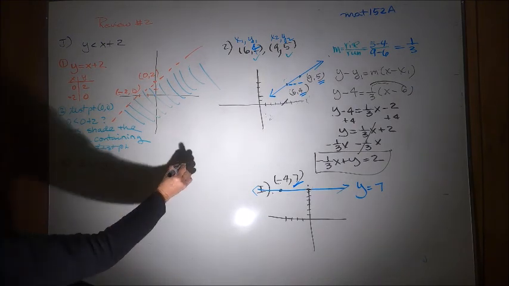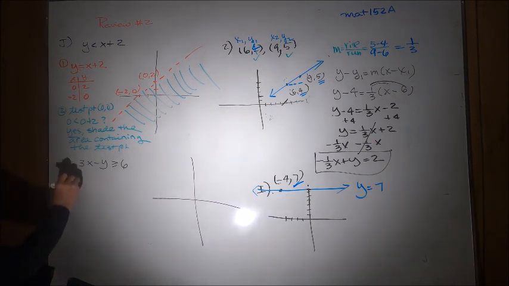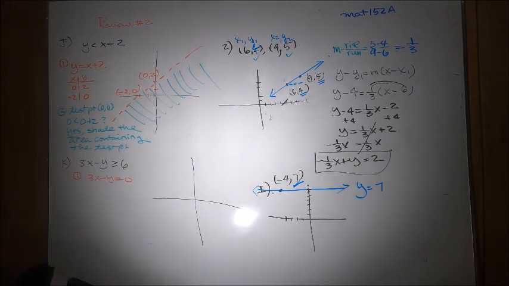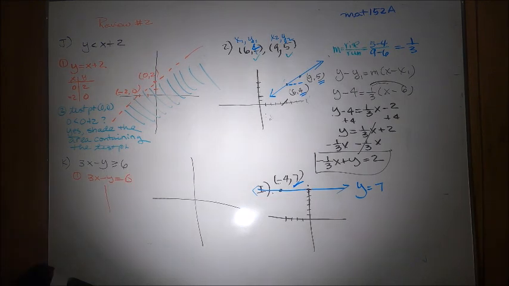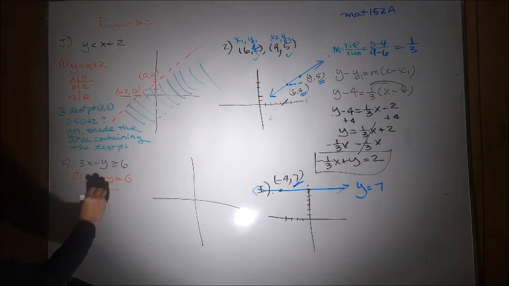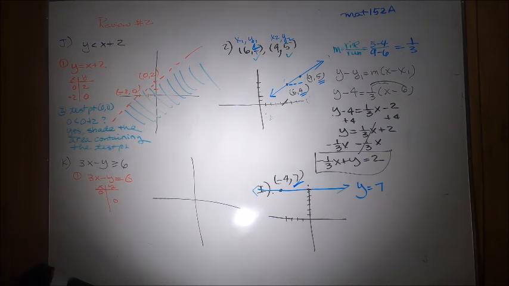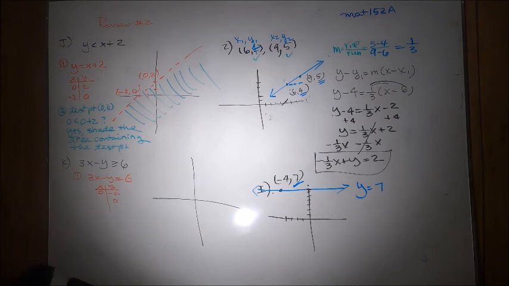So for this one, what do we do first? We will find the boundary condition by using the equal sign. Oops, that's a 6, right? So I'm going to just do the 0, 0 thing. So x is 0, plug in: negative y equals 6, y would be negative 6, right?